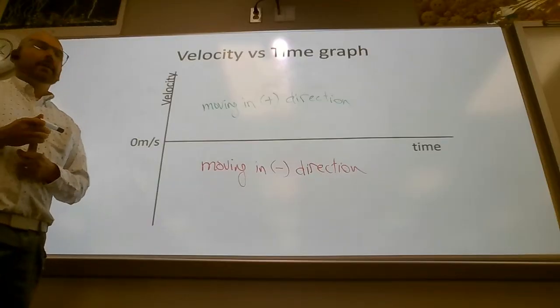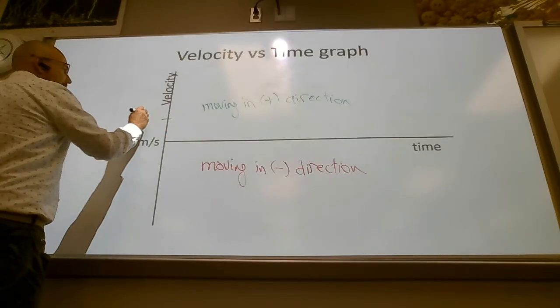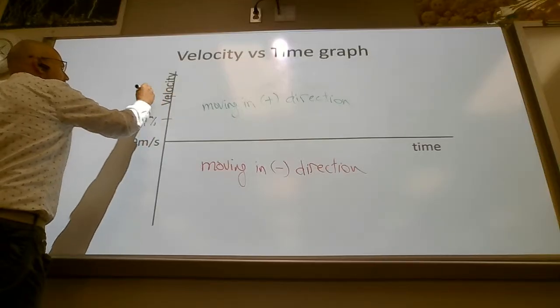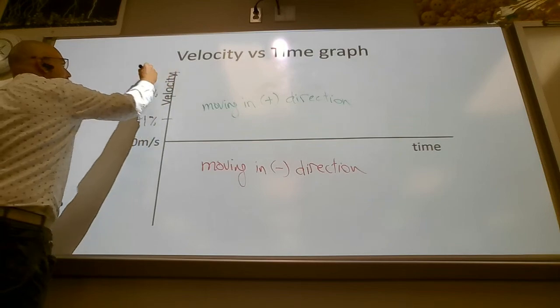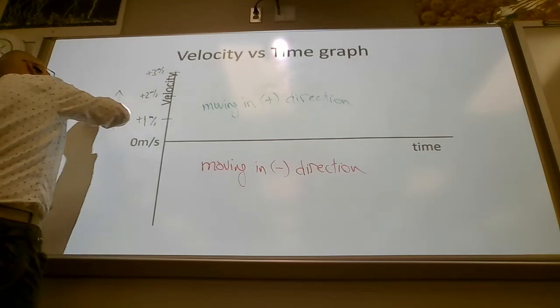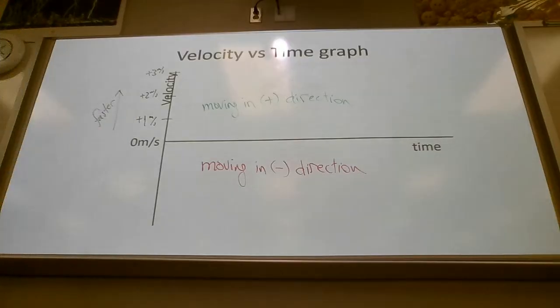Okay. If we were to make up some values here, this is like a positive 1 meter per second, positive 2 meters per second, positive 3 meters per second. As you go up from here, you get faster. Most people have no problem with that at all. That is intuitive. Here's what is not intuitive, which I might suggest writing down.